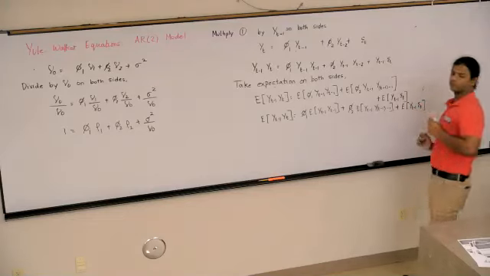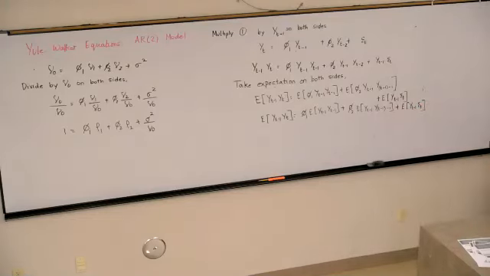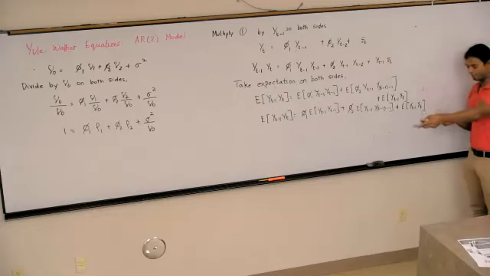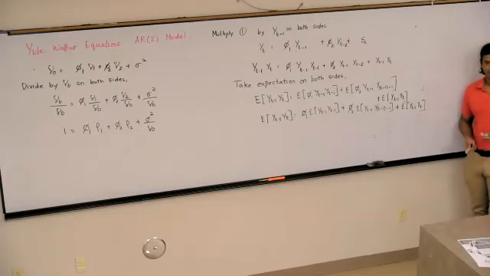Plus expectation of yt minus 1 times epsilon t. We know a time point from the past is not going to depend on the noise at present, so there is not going to be any relationship, and the covariance there would be 0.